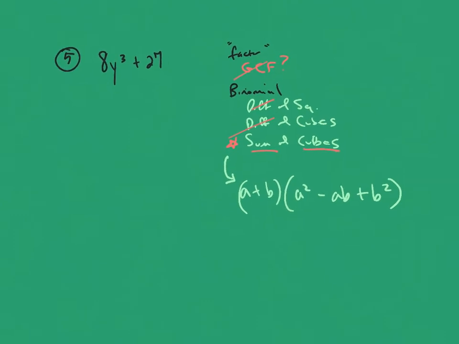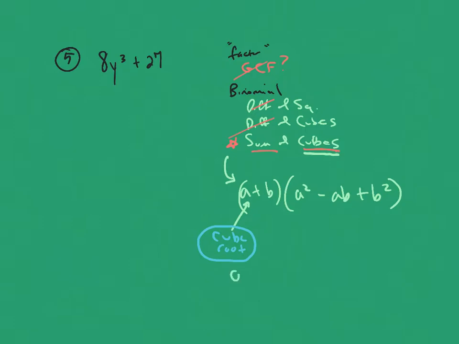And by the way, a on difference of squares, a is the square root of the first one, b is the square root of the second one. Here we're talking about cubes, so this is the cube root of the first one.